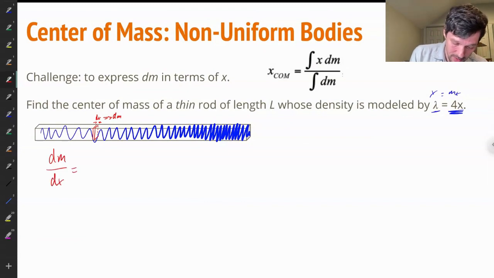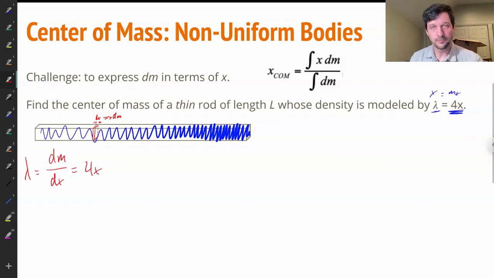In this case, the linear density, the mass per length, is going to be equal to 4x. It's nonlinear. It's not a constant value. It has a variable relationship.